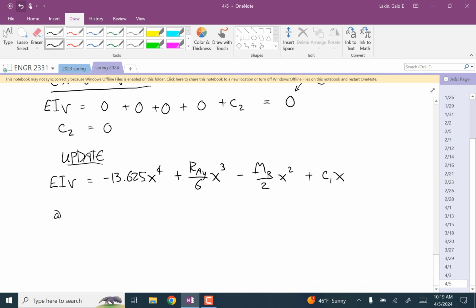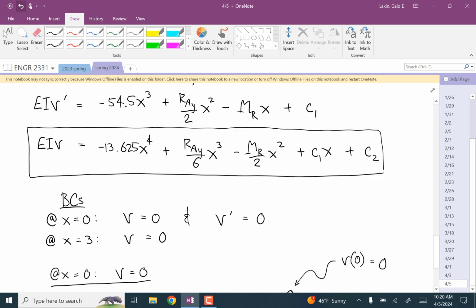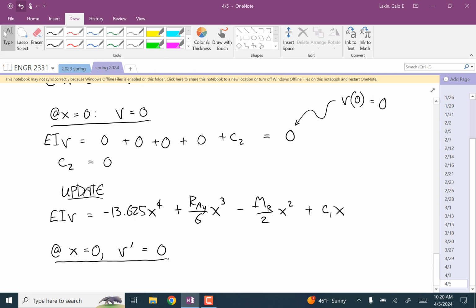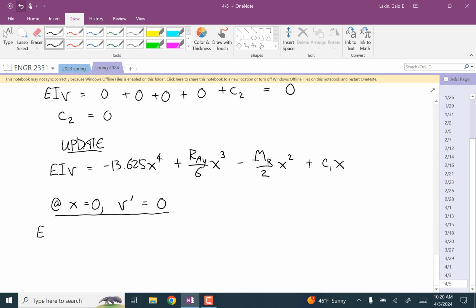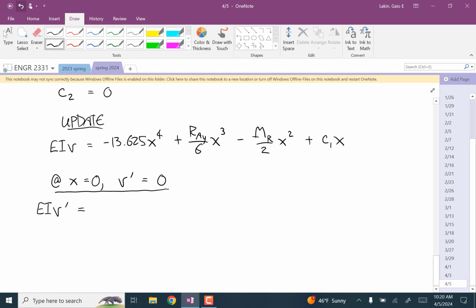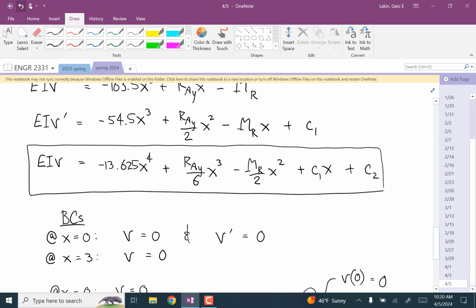And now we'll use the fact that at x equals 0, the slope V prime is equal to 0. Well, I guess I'll use this equation, the one we went through to get to the deflection function. So EI V prime is equal to negative 54.5 x cubed and so on.